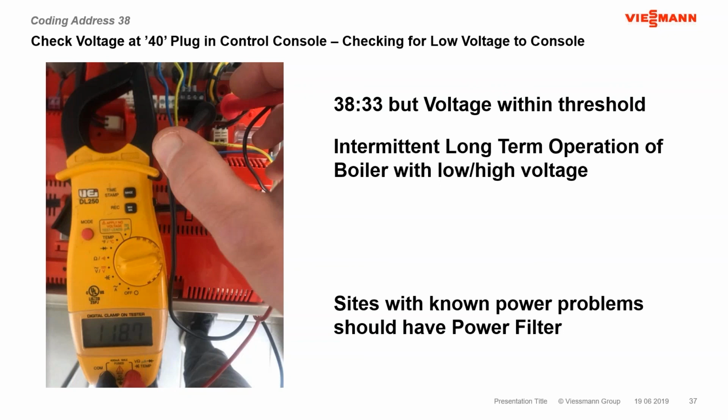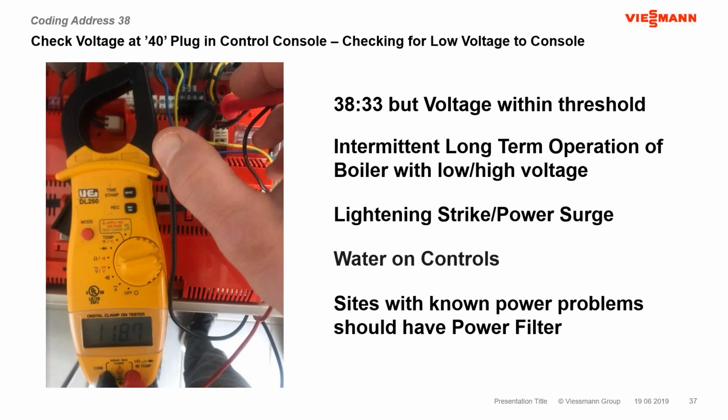And I'm giving you the reasons why there might be some issue. Lightning strikes and power surges also can cause that. So this would be the internal fuse popping in the control console. Water on the controls, too. If you get water coming in from things like flue gas recirculation, from the exhaust side of your boiler, dripping on things like gas valves, etc., that are wired directly to your console, if they short out, they can short out the fuses in the control console as well and create that address 38 being a value of 33.